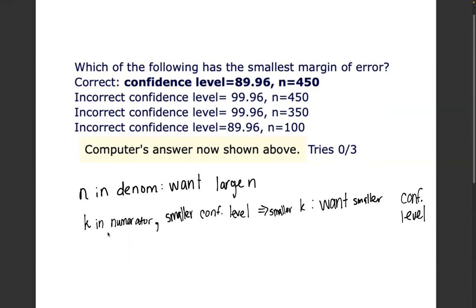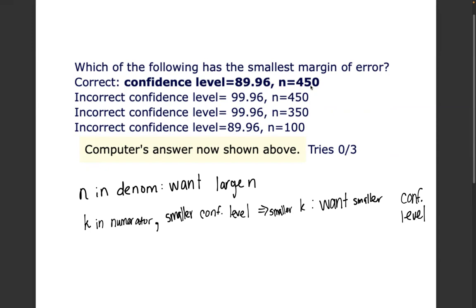And k is in the numerator. So in k, a smaller confidence level would mean that we have a smaller k. So because k is in the numerator and we want a small margin of error, we would want a smaller confidence level. So we want to find, okay, what has a large n and a small confidence level?